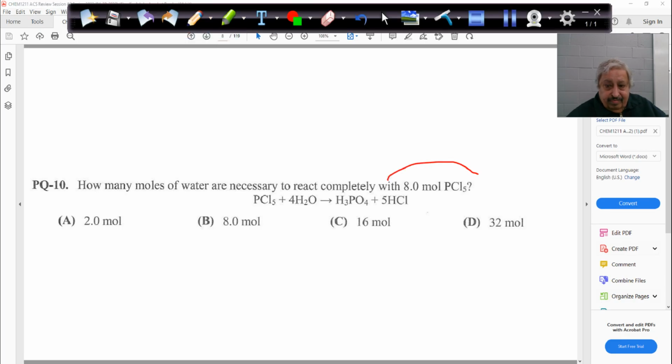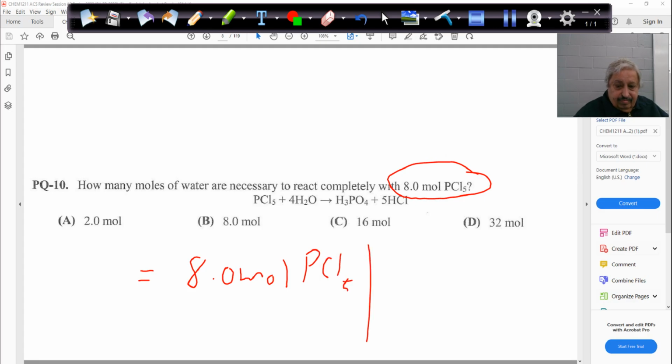So I will start with this, whatever is given to me, moles of phosphorus pentachloride, correct? And it's asked how many moles of H2O.